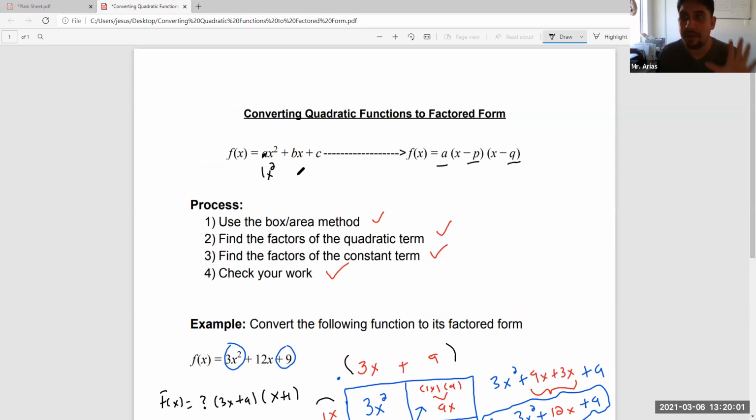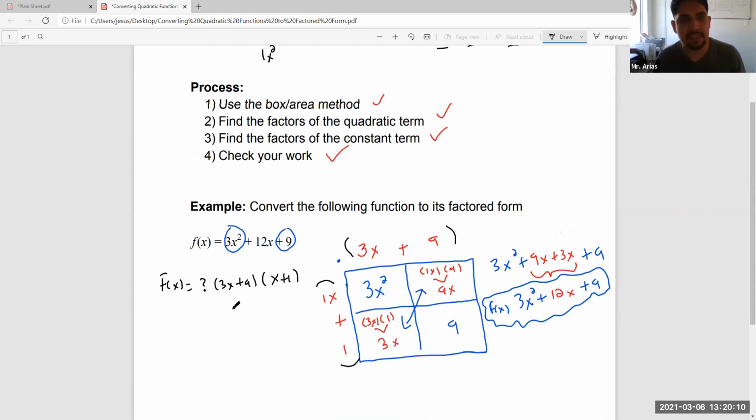However, if your value of a, ladies and gentlemen, is something higher than 1, there's a high chance that you're going to have to apply this extra step. Now, the extra step is basically step 5, which doesn't apply to all the functions, only potentially to functions whose value of a in that quadratic term is going to be higher than 1.